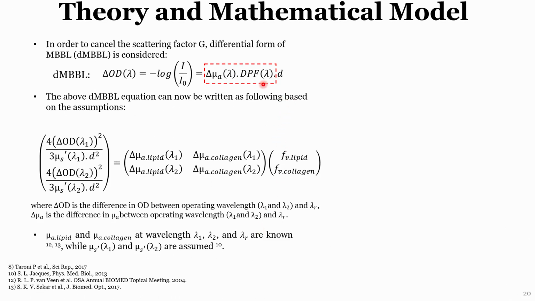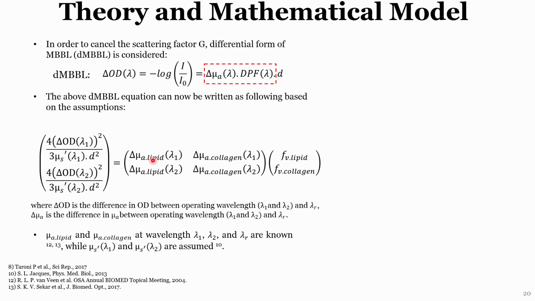Using the differential Beer-Lambert law, you can simplify this equation to this form over here, and mind that this mu a is not just mu a, but a delta mu a. This delta mu a means the difference of the absorption coefficient at two different wavelengths.